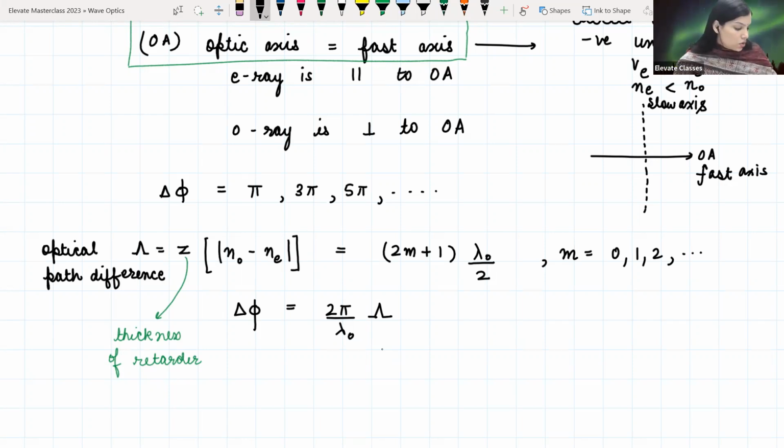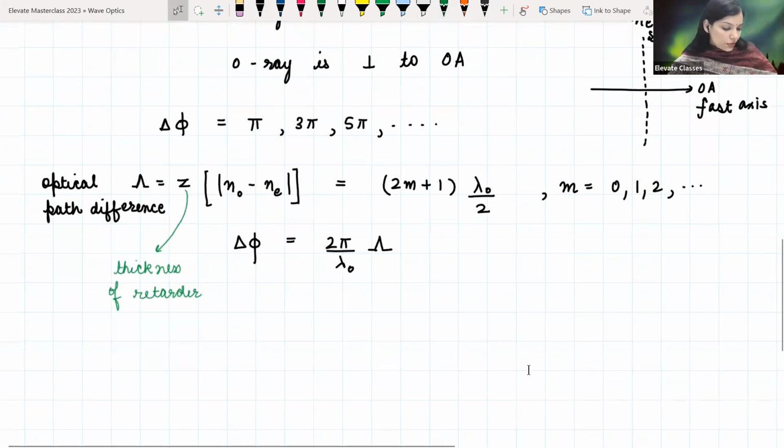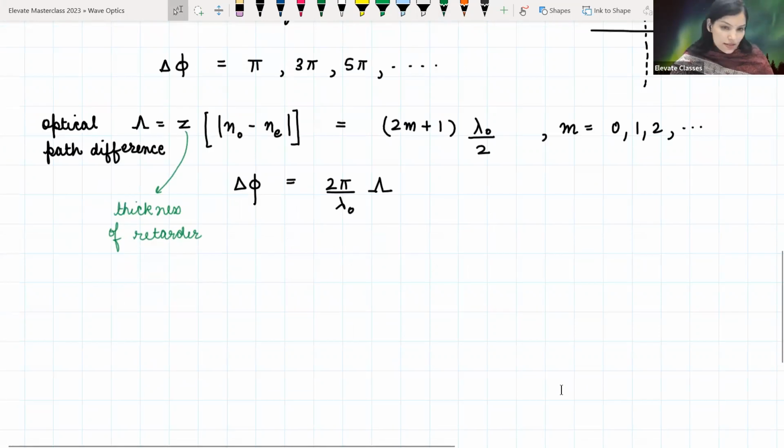Okay. So now we have to understand what a half wave plate would do. Let us consider that.